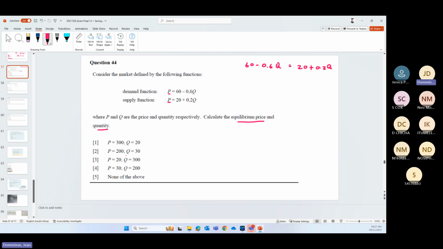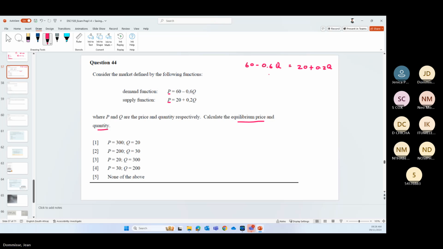Let's just check this one. So probably if I look at this, just by getting the Q, you can see 20, 30, 300, 200. By just working out Q, I will already have my answer.